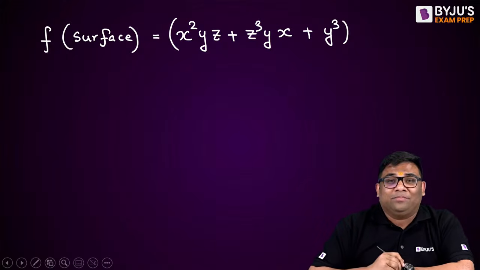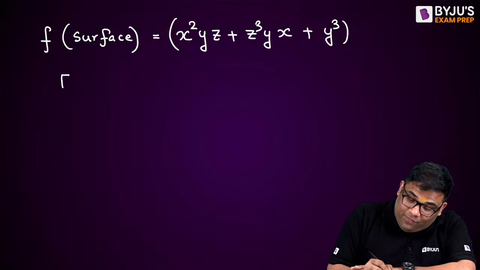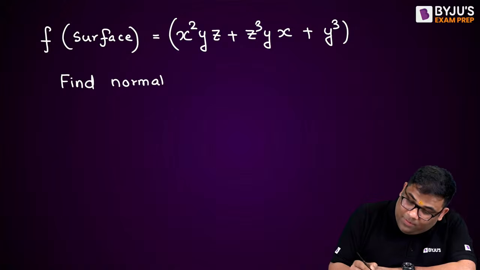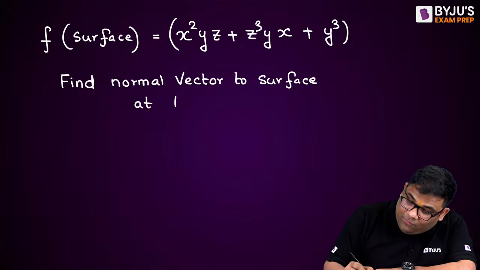They give a scalar function. Then suppose they write a question: find the normal vector to the surface at 1, minus 1, minus 1.